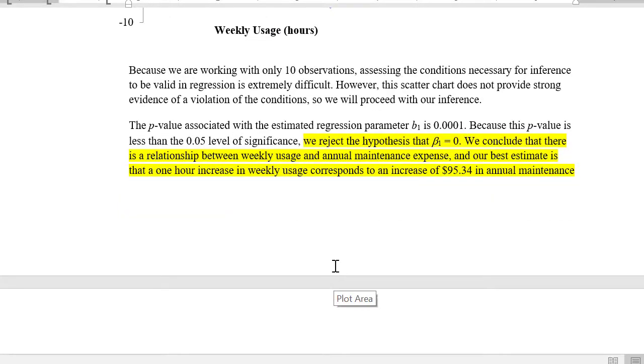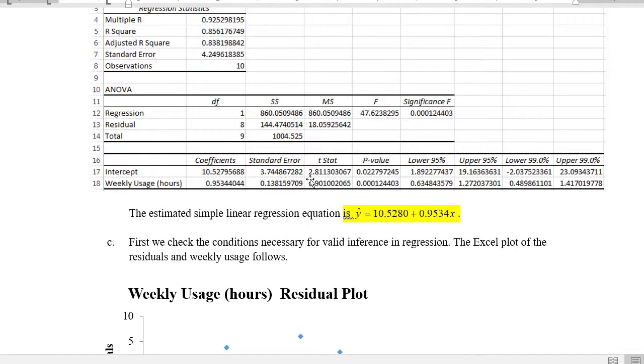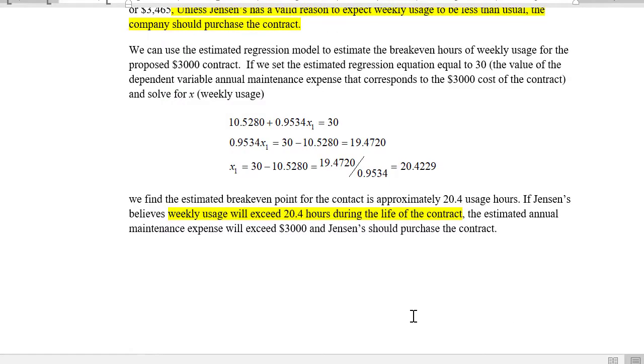Now you could say that, but the main thing I want you to understand is that p-value is less than the 0.05 level. So again, if we're looking here, here's the p-value, that's less than 0.05, same thing for B0. The first problem 2 is looking at the 0.01 level. This one's at the 0.05 level, so you would reject.